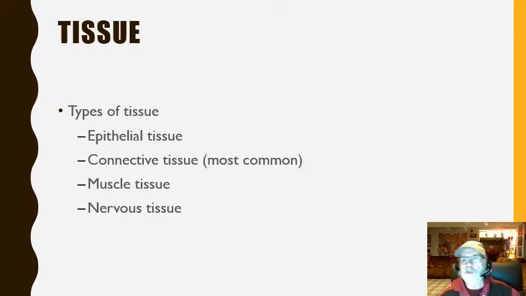Well, what types of tissues do we have? We mentioned this very briefly when we talked about the levels of body organization. We have epithelial tissues, and epithelial tissues basically are tissues that are coverings or linings. They cover something or line the inside of something. Various body tissues line, like inside the abdominal cavity.